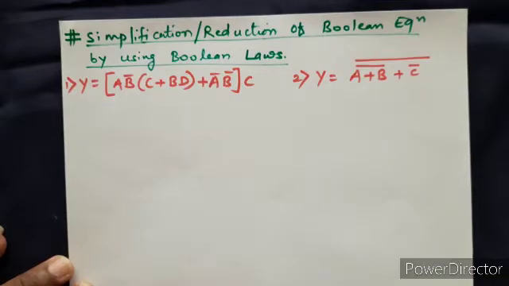Okay, so here we'll try to solve a few examples, and you will understand how these laws can be used. I already have solved two examples before learning the AND laws and the OR laws, showing how this reduction can be done.